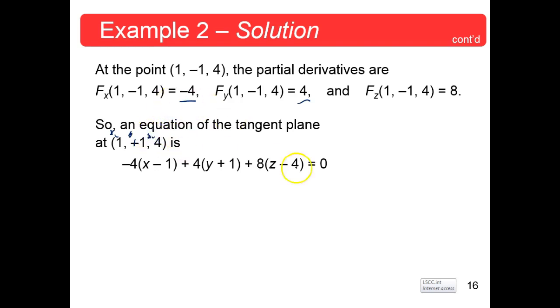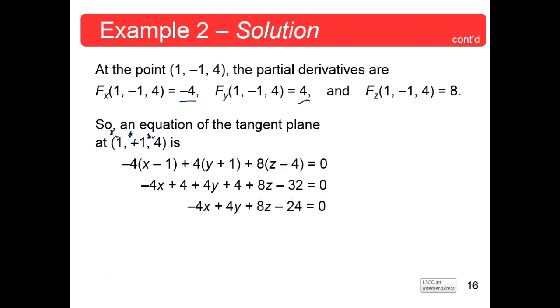Z minus 4 would be that. And set it equal to 0, and that gives us minus 4x plus 4, plus 4y plus 4, plus 8z minus 32 is equal to 0.